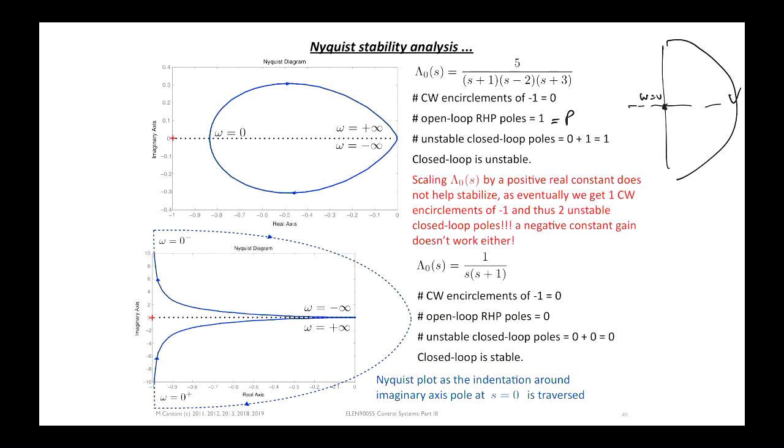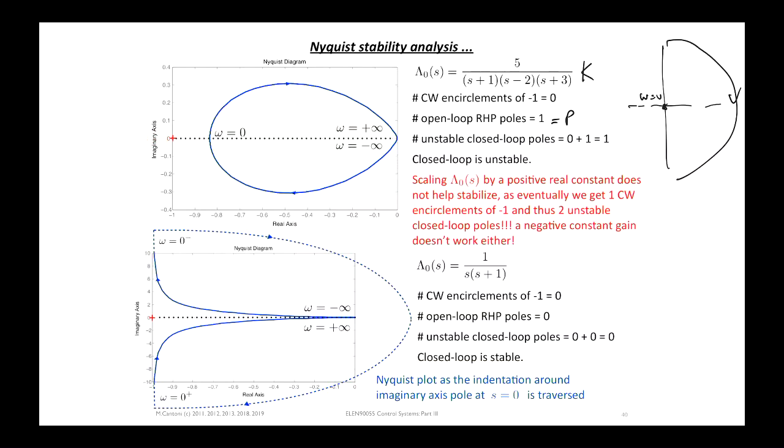Scaling this function by a positive constant k will potentially shift this point, if k is large enough, to the other side of the critical point, and we would get N equal to 1. But in that case, we would have two unstable closed-loop poles, because N equals 1 plus P equals 1 gives 2.